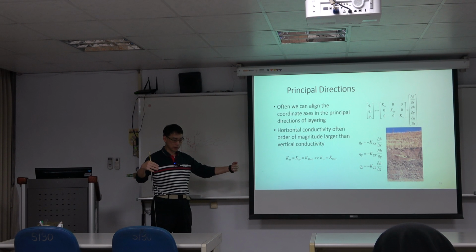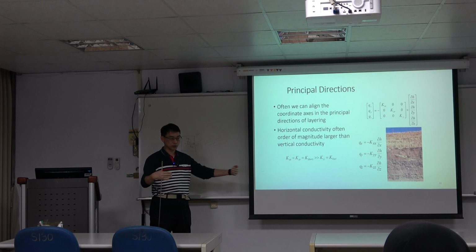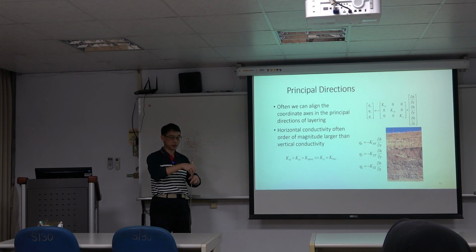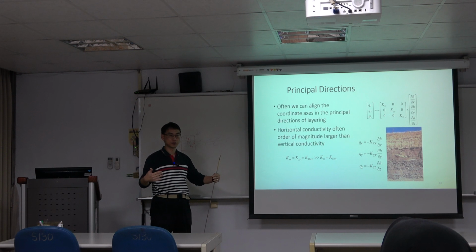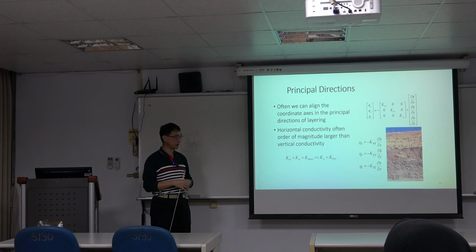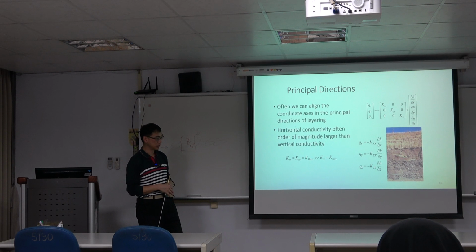So even if you have a geometry with one pumping well and two observations nearby in the same line, when you do the test, your K values in this direction and this direction will still be different. So it is not easy to get even this kind of anisotropy property.